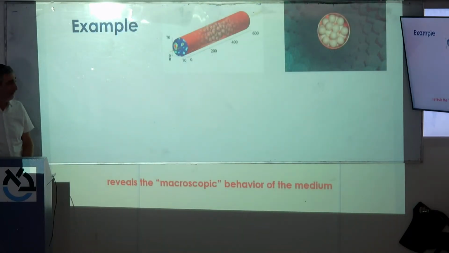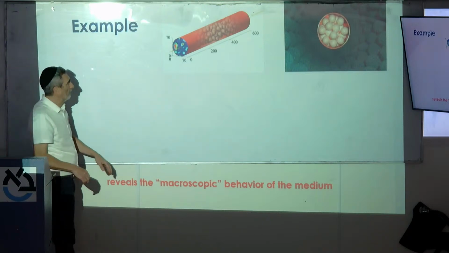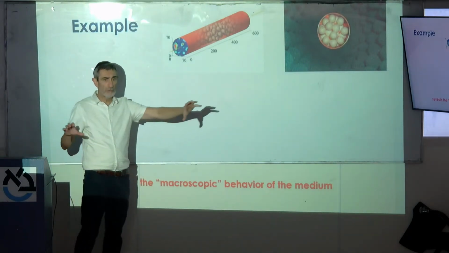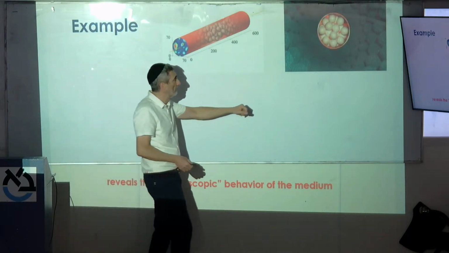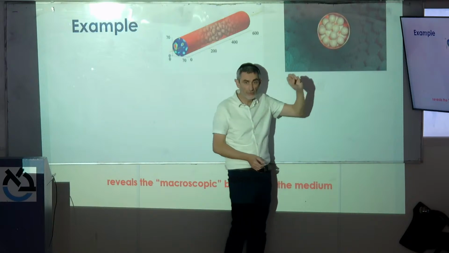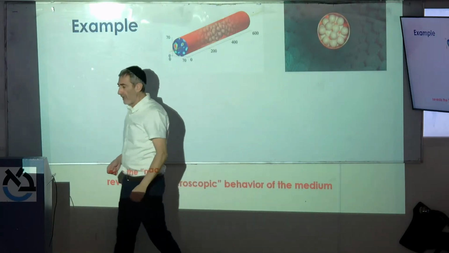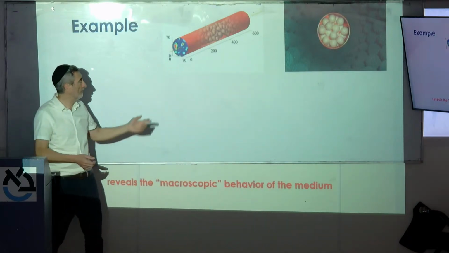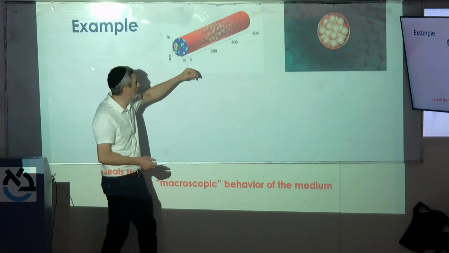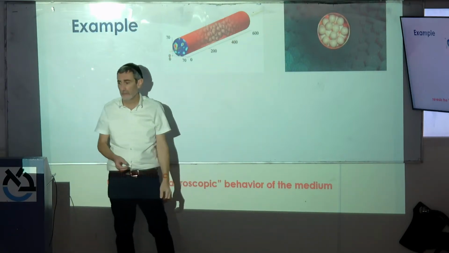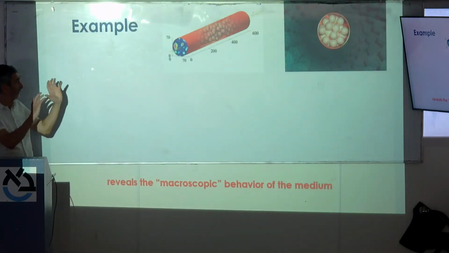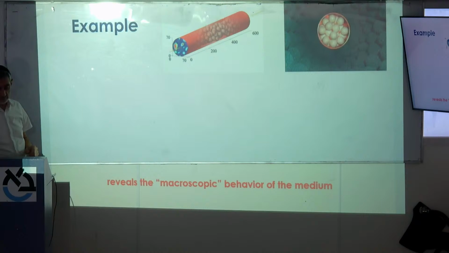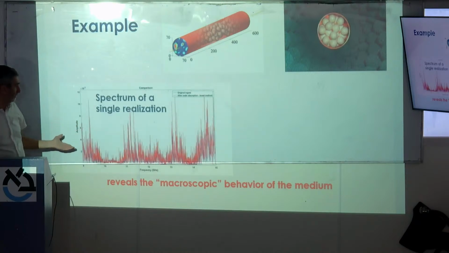In the lab we have a system which is a long copper tube filled with scatterers. You see those balls here are scattering elements. We measure the transmission through this tube. We have an antenna at the input and an antenna at the output. If you make the measurement for one given configuration of the disorder, you obtain a spectrum like that.